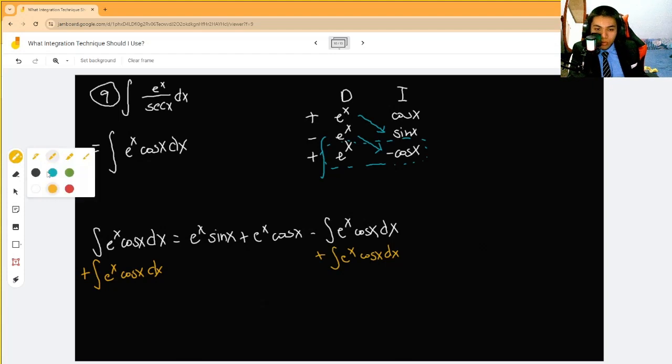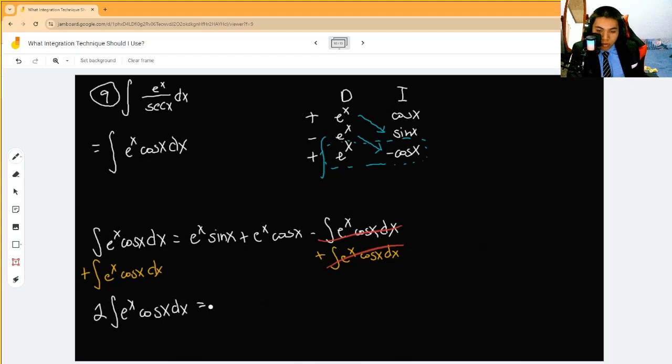So we are left with 2 times the integral of e to the x cosine x dx is equal to e to the x sine x plus e to the x cosine x.